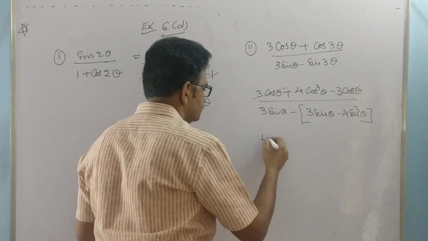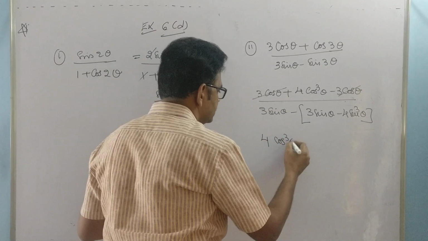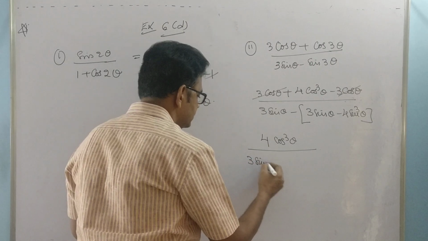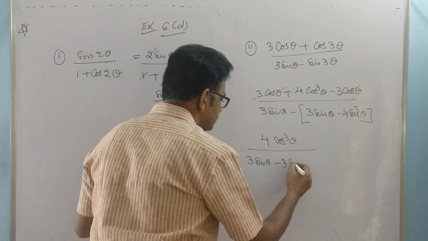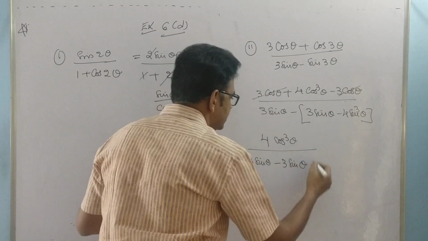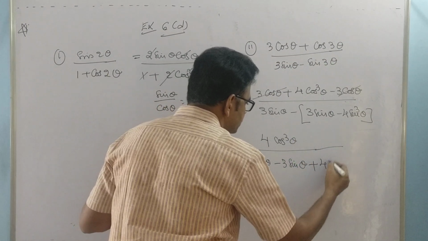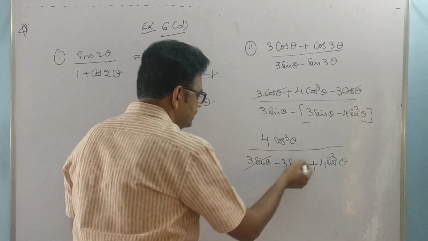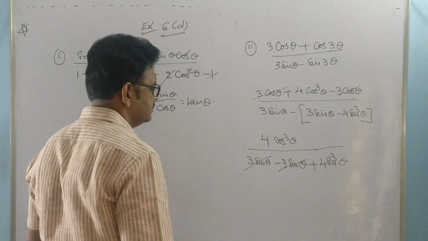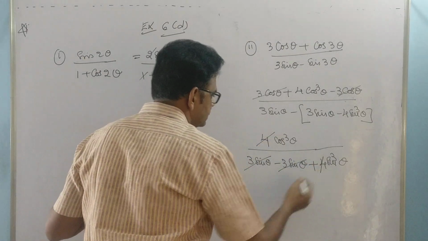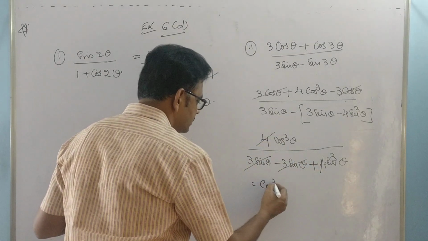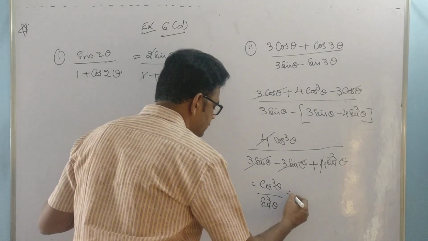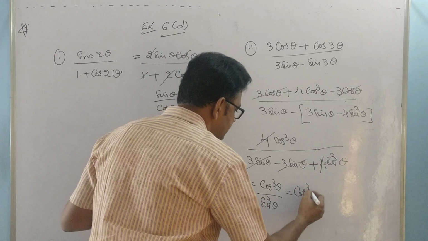That is 4 cos cube theta by 3 sin theta minus 3 sin theta, and minus of minus is plus 4 sin cube theta. The 3 sin theta gets cancelled, so 4 cancels. That is equal to cos cube theta by sin cube theta, which is cot cube theta.